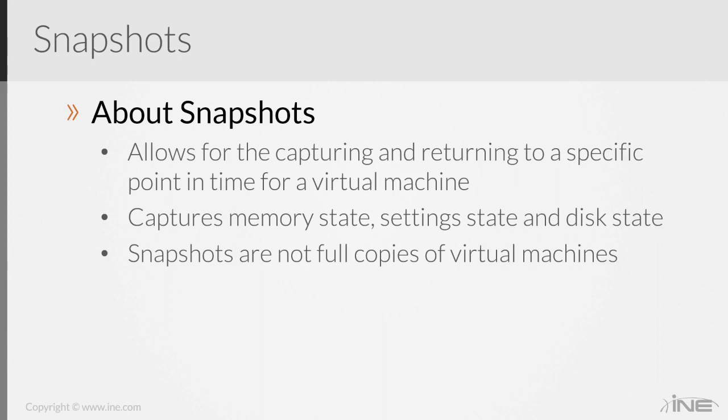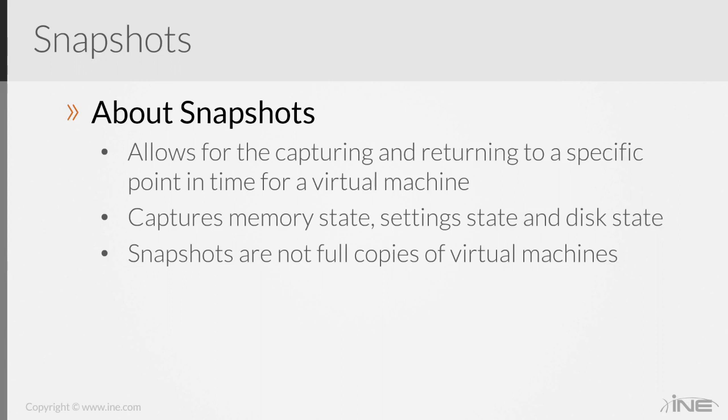Okay, so let's just see an example where this might be useful. Say you were to install some update on one of your servers, and you're not sure about the results of this update.